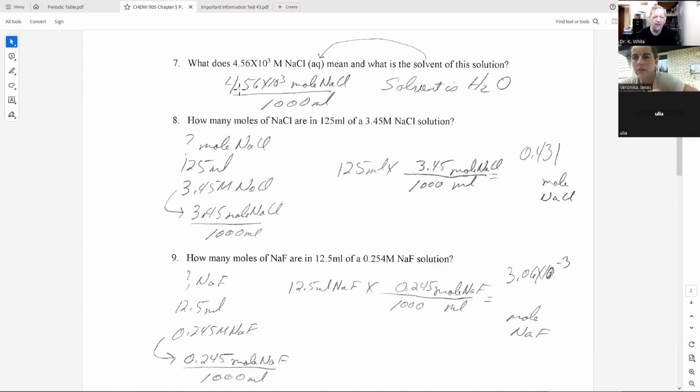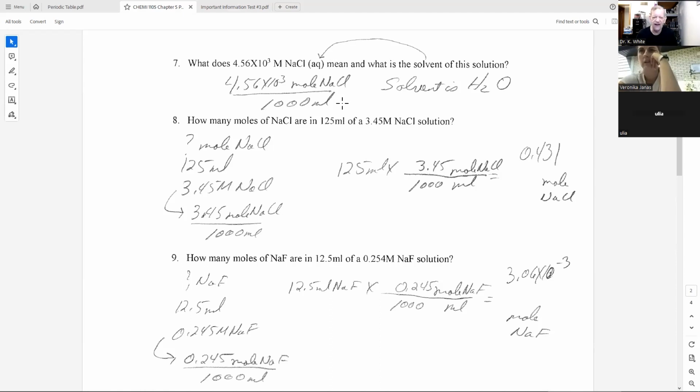And that means 4.56 times 10 to the third moles of sodium chloride per 1,000 milliliters. What's the solvent of the solution? Well, [aq] is shorthand for aqueous, which means water, which means the solvent is water. Whenever you see [aq] after the formula of a molarity, that means the solvent is water.